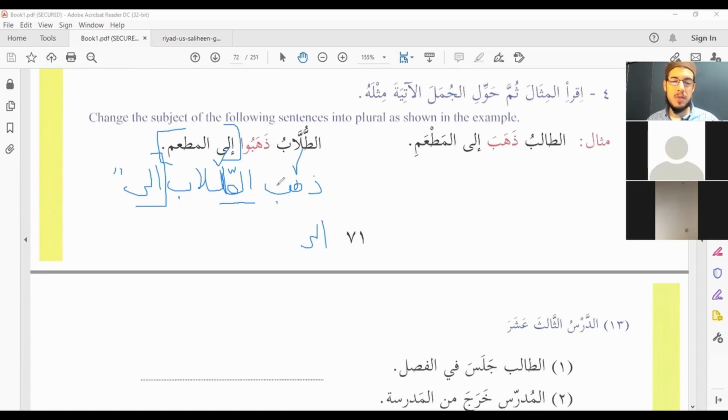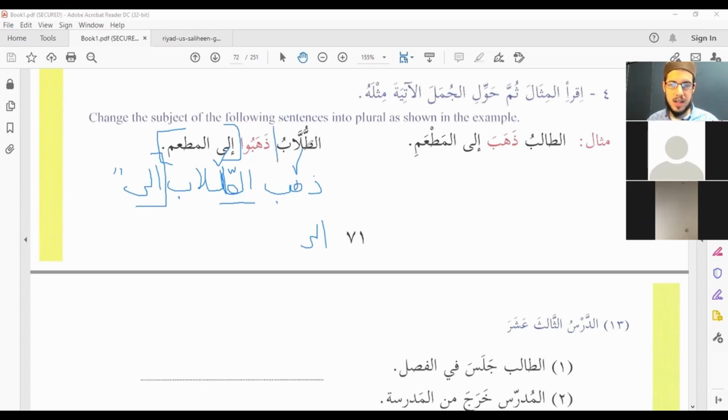However, if I put the subject before the verb, this is more than just rearranging a jumla fi'liya. If it's going to be dhahabu, then it's clearly a jumla ismiya.